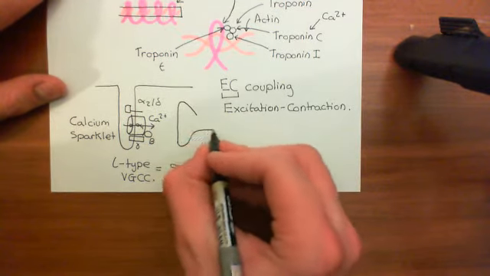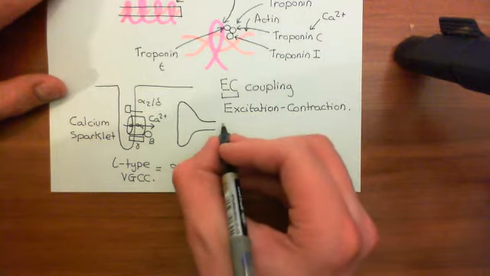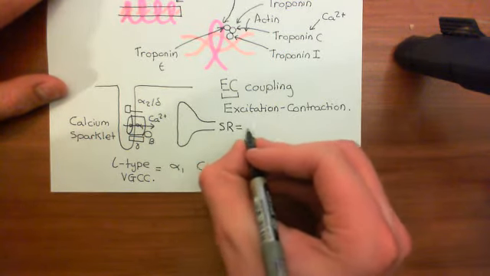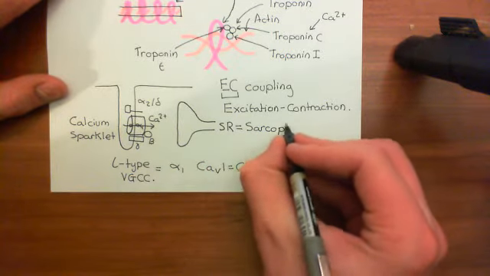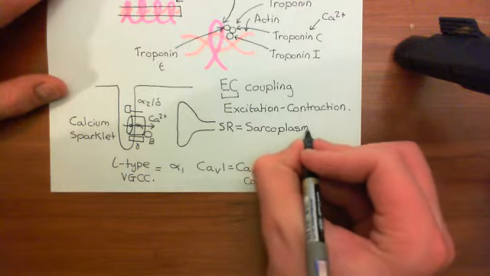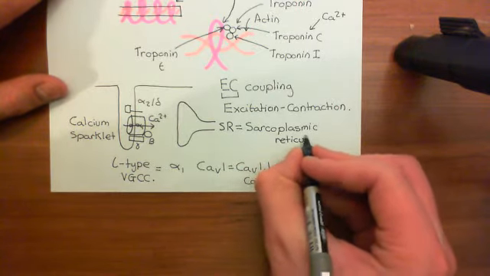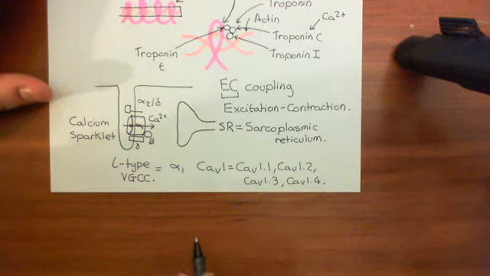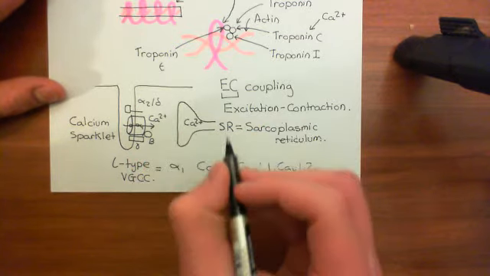Basically, you will have a portion of the cardiomyocyte's equivalent of an endoplasmic reticulum, which is a sarcoplasmic reticulum. The sarcoplasmic reticulum is just what would be called an endoplasmic reticulum in a normal cell, but because we're dealing with a cardiomyocyte, it's called a sarcoplasmic reticulum. And this is a fantastic store of calcium.